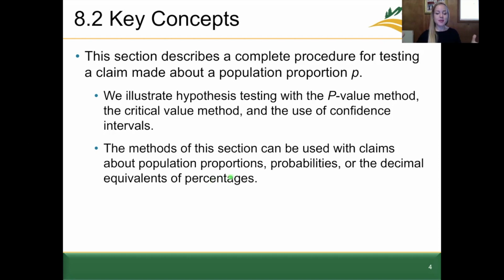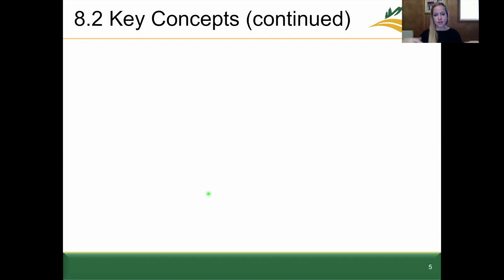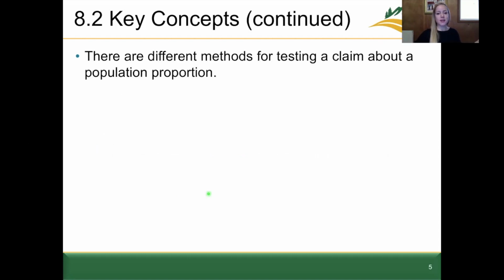So again, in 8.2, we're applying these methods to population proportions, but also keep in mind we can apply these methods to probabilities and decimal equivalents of percentages. To continue on with more key concepts in 8.2, there are different methods for testing a claim about a population proportion. We're going to go through all these methods in 8.2.